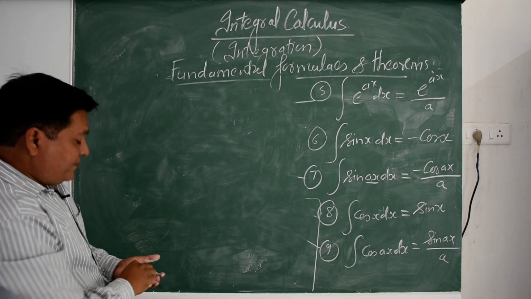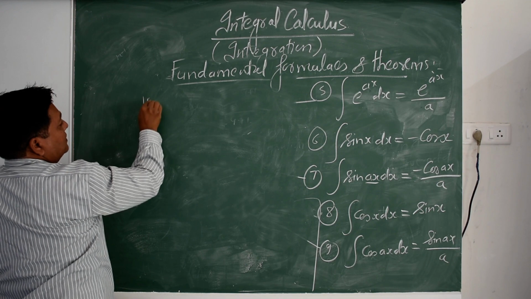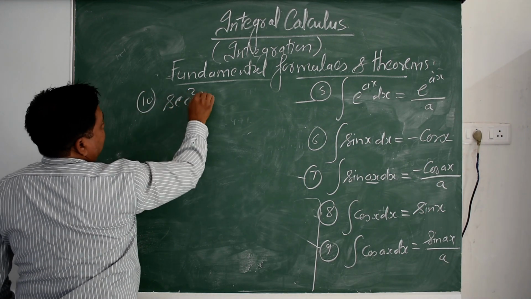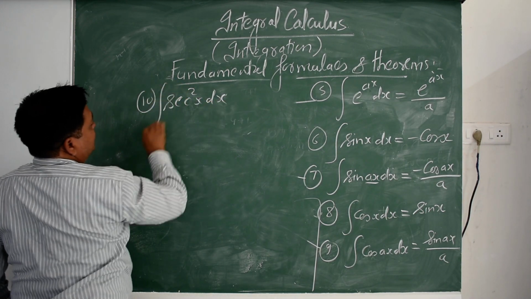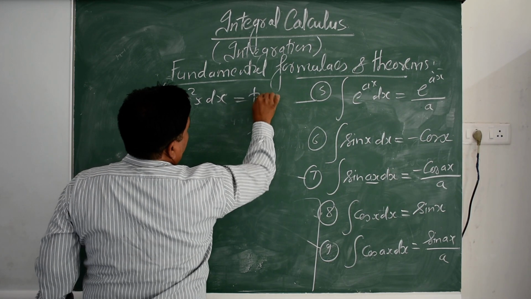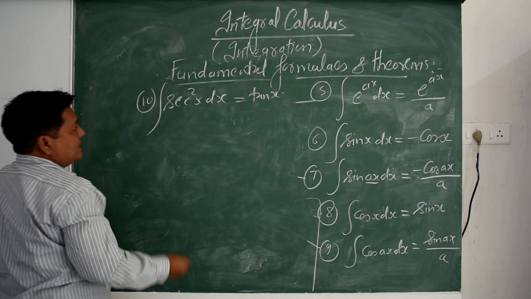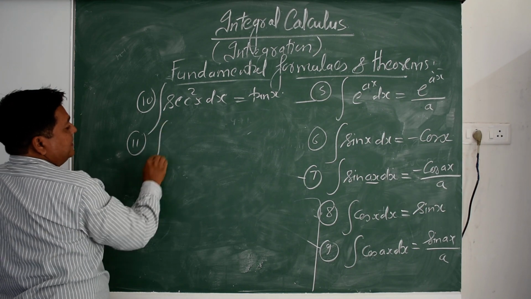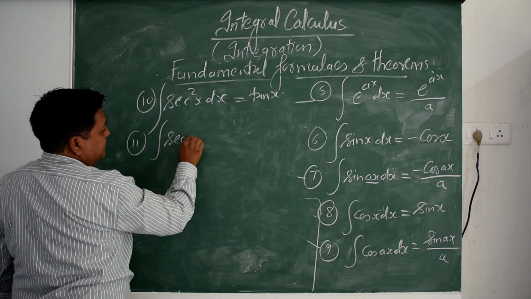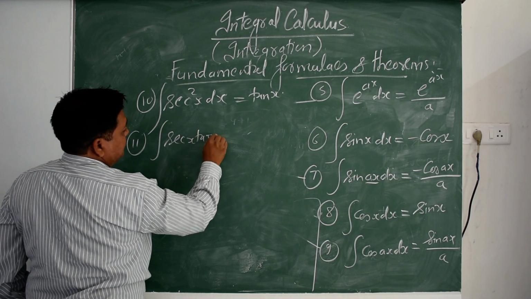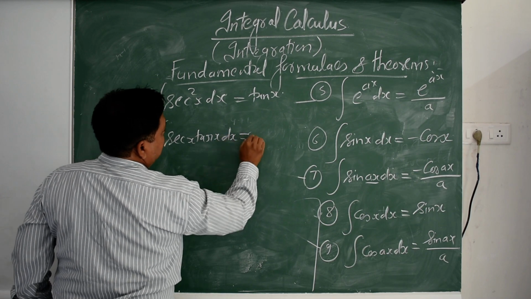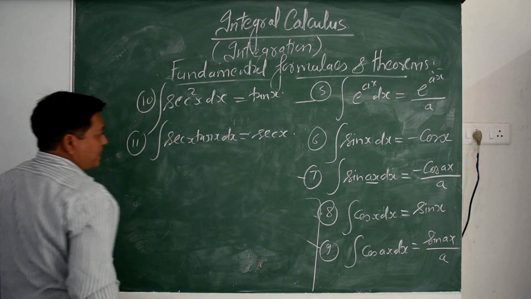Similarly, in the case of the 10th formula, the integration of sec square x dx, we get tan x, just the inverse of differentiation. Integration of sec x tan x dx is sec x.